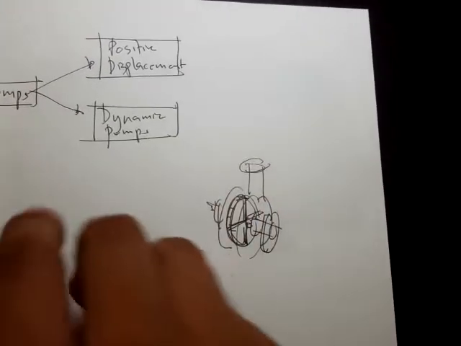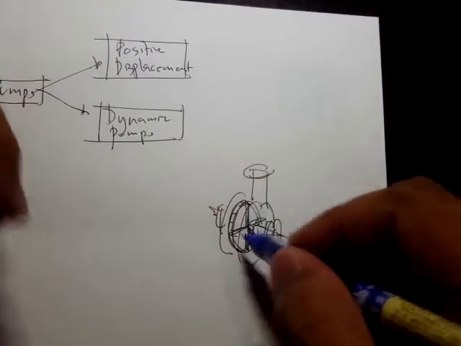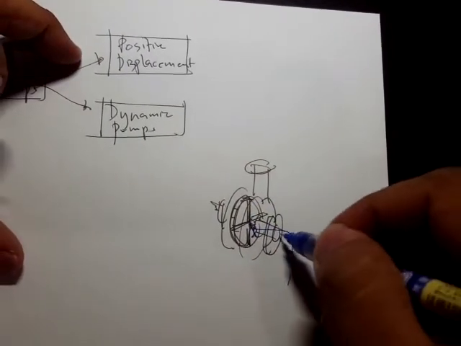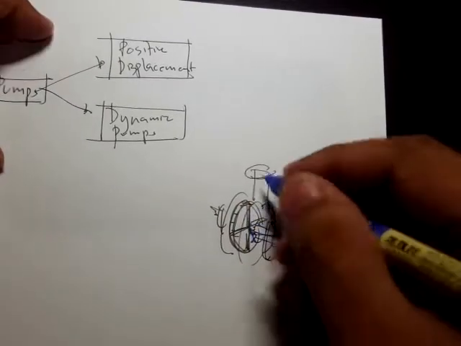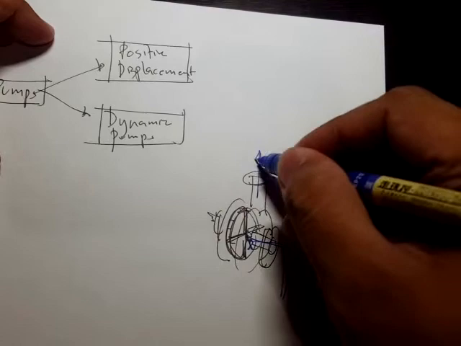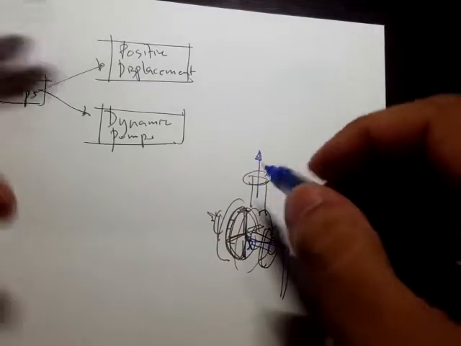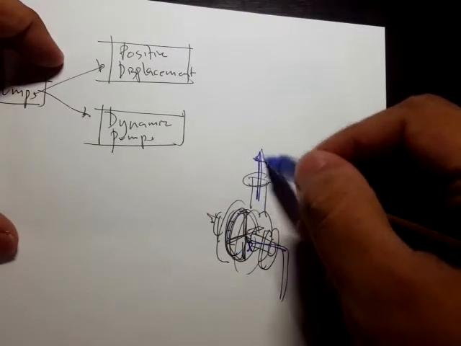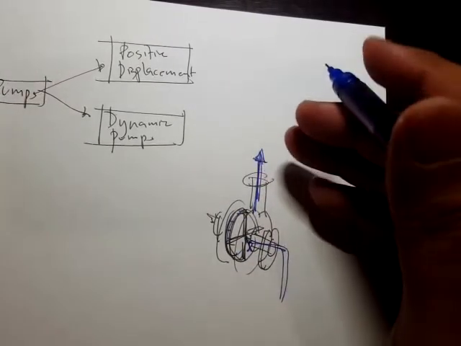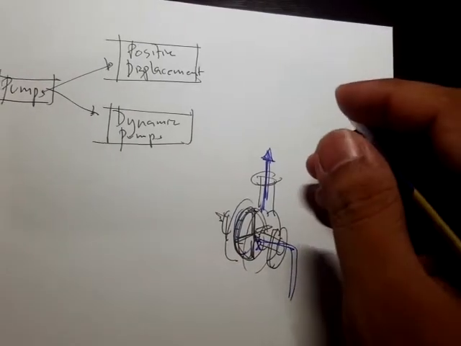And the idea is that as the fluid enters this suction side, it's being hit by these impellers right here. So in a way, there's going to be some transfer of forces, and the main idea is actually to increase the speed of the fluid, right?